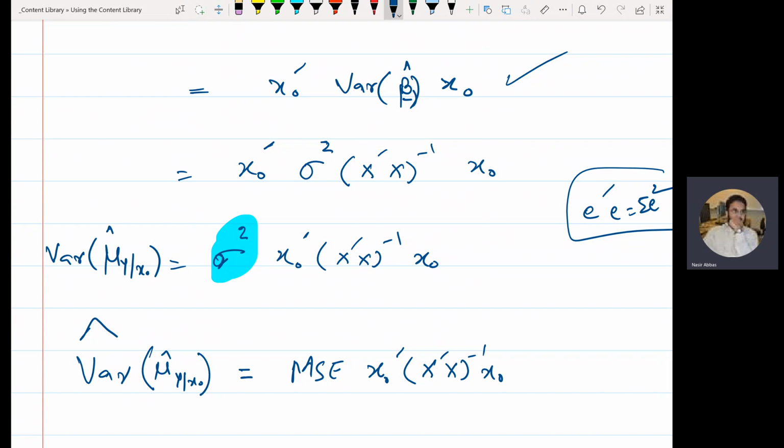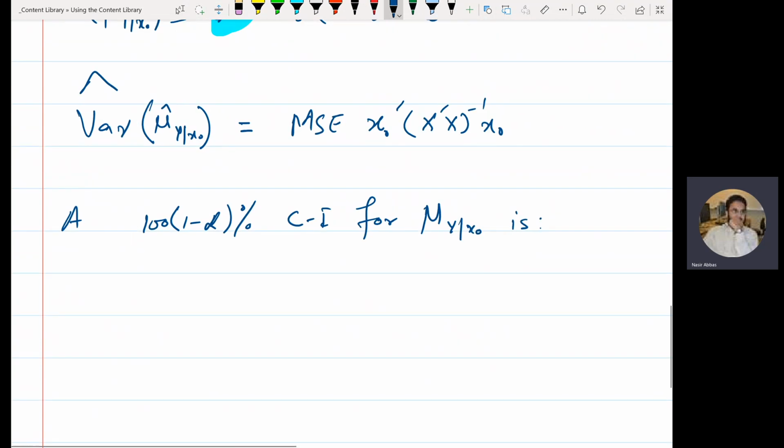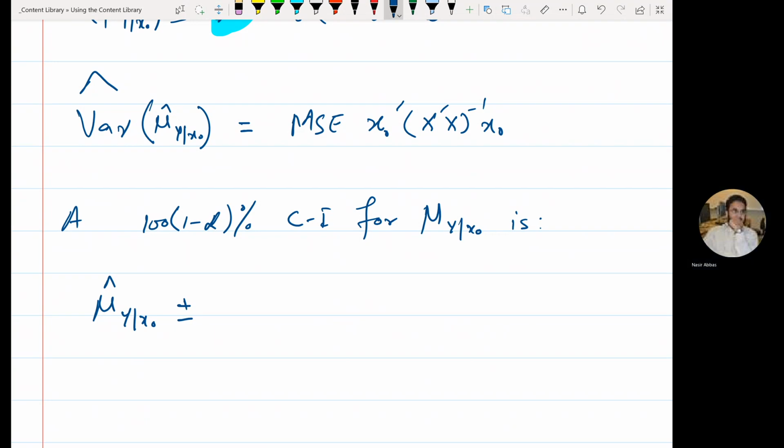And this is the variance we will use to develop the confidence interval for the mean of y when x is x naught. So 100 into 1 minus alpha % confidence interval for mu of y given x naught is given as the point estimate plus minus t or z. Why t? Because I'm replacing sigma square by its estimator.